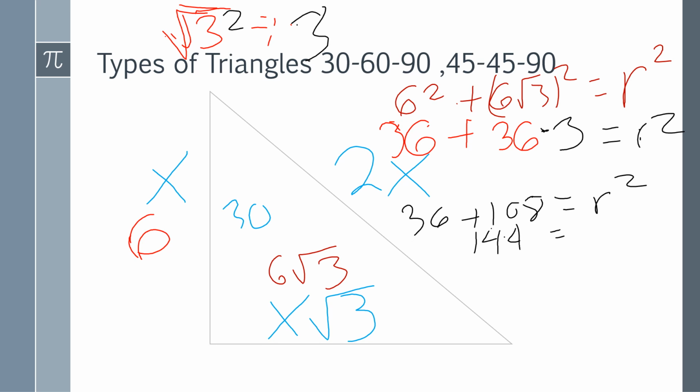And from there, we got to take the square root of both sides. When we take the square root of both sides, r equals 12. So we just figured out the hypotenuse for the 30, 60, 90. And it's just like that. So remember, the hypotenuse is always going to be twice the opposite leg.